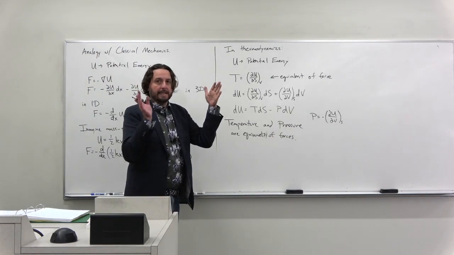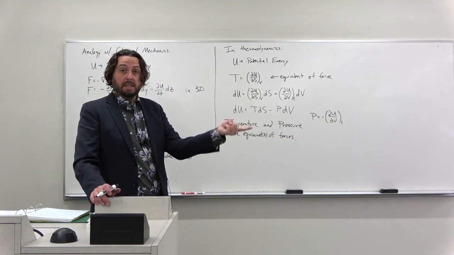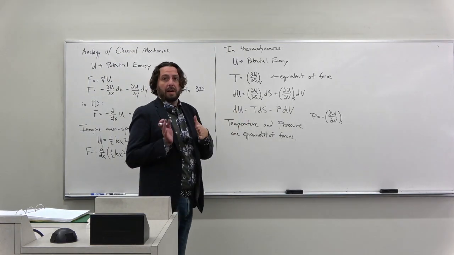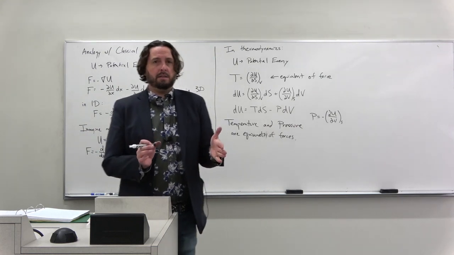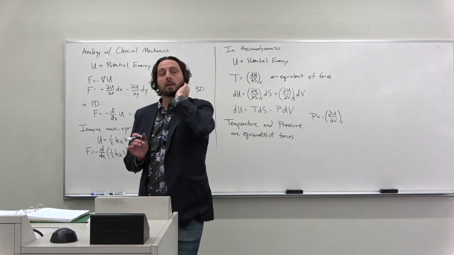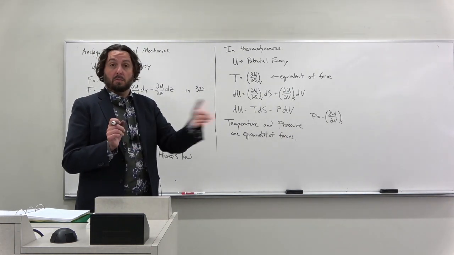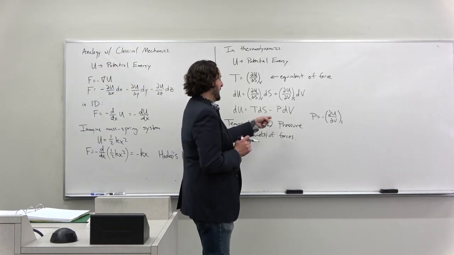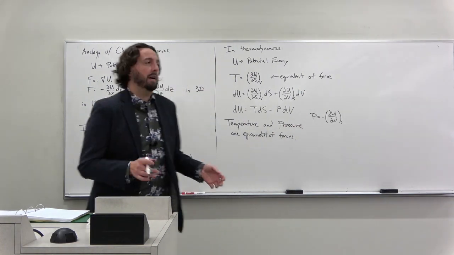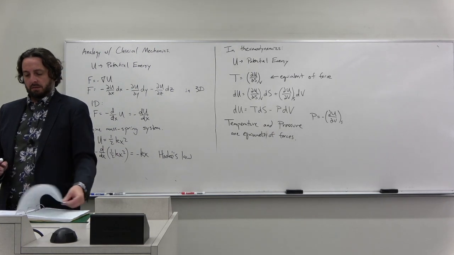Here, if I apply a temperature gradient, I will have some heat flow, so I'll change the internal energy. Or if I have a pressure gradient, a change in pressure, I will cause the volume to change, right? I'll do some work, and so I'll cause the internal energy to change. So you can see this is why these things are called potentials, because there's this exact analogy.